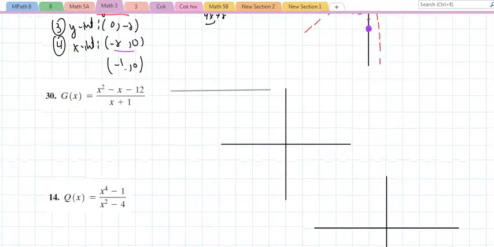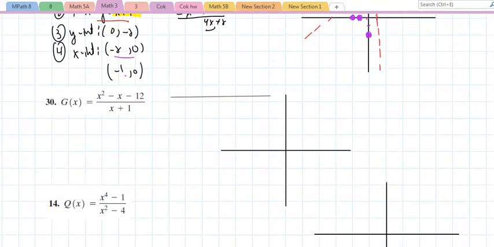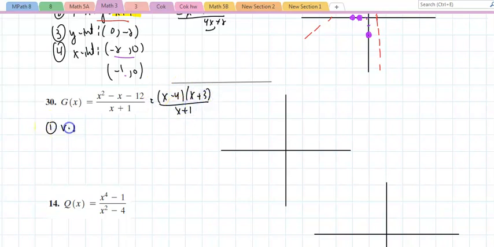How about number 30? Did I just do number 30? No. If I factor the top, isn't it x minus 4 times x plus 3 over x plus 1? 1. Vertical asymptote x equal negative 1. That's the domain. 2.